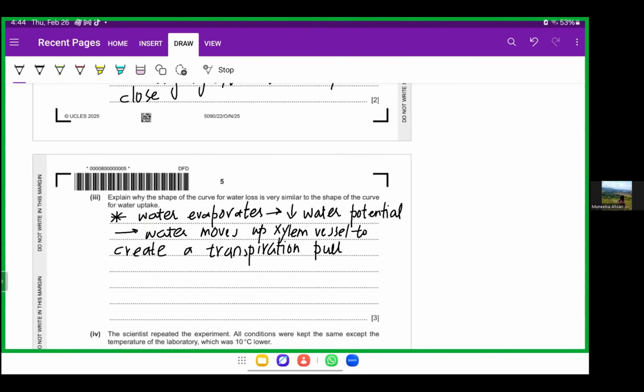And we'll also mention why is it important? In order to prevent wilting of the leaves.